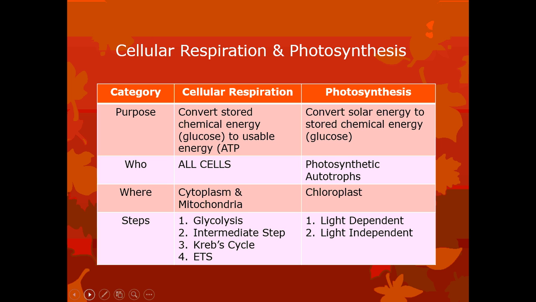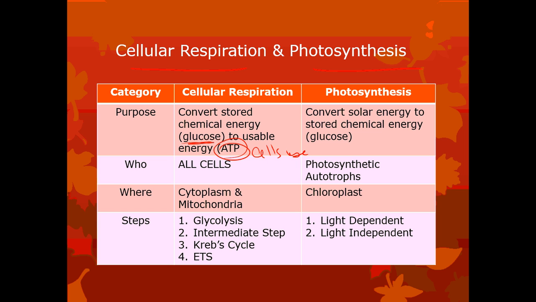Okay, so looking at an overview of the difference between cellular respiration and photosynthesis. So what's the purpose? Well, in cellular respiration, what we really want to do is convert stored chemical energy, or our glucose, to ATP, because this is actually what cells use as an energy source. It's kind of like I can't give you a chunk of coal and your electricity is going to work.